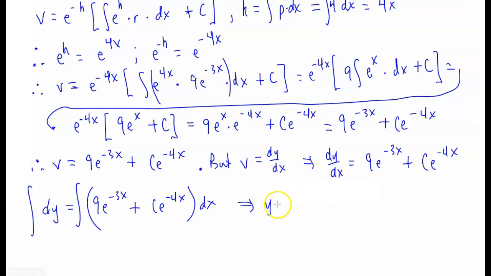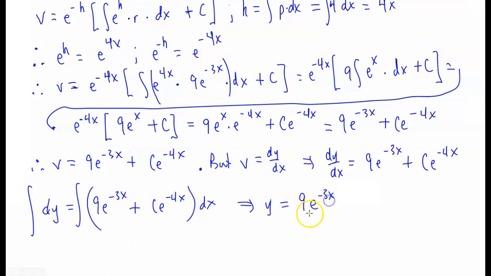Remember that there will be an integration constant here, but we're going to put both of them on the right side. So you're just going to say y equals, and then here we're going to do the antiderivative of both of these terms. So for this first term here, we ignore the 9, and we know that the antiderivative of e raised to the minus 3x is going to be e raised to the minus 3x divided by a negative 3, and that is because of the substitution rule.